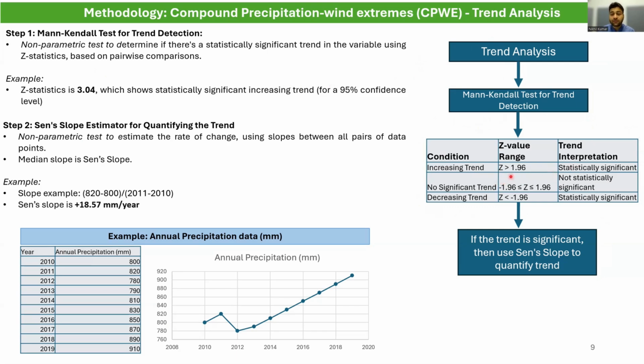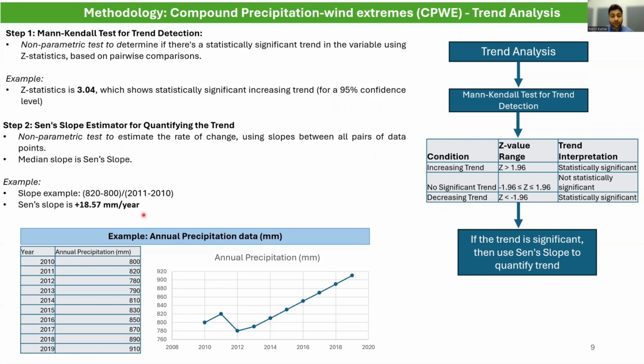If the value is from minus 1.96 to 1.96, then our trend is not statistically significant. And if my value is less than minus 1.96, then it has a decreasing trend, a statistically significant decreasing trend. This is for the 95 percent confidence level.